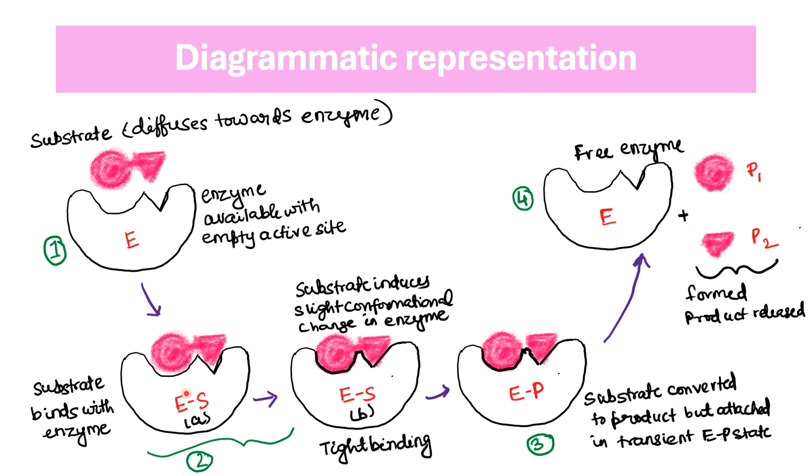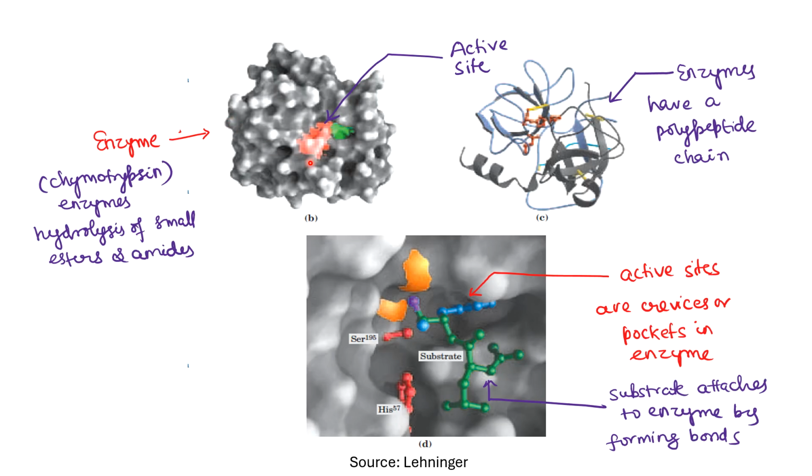Now this enzyme substrate complex formation is very essential for the product to be formed, and both the enzyme substrate stage and the enzyme product stage are temporary in nature. So that's all about the catalytic stages of an enzyme, and I hope you are clear about it.